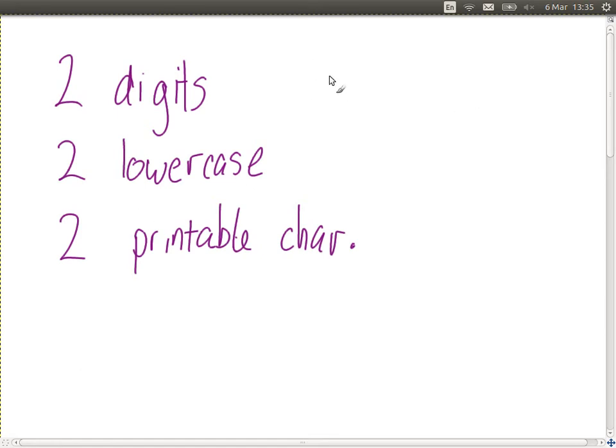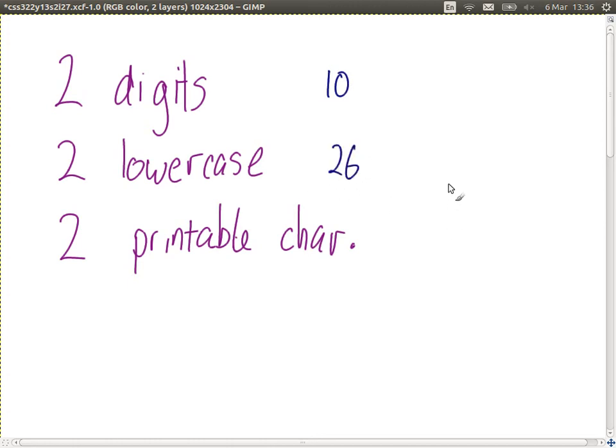Digits, we have 10 possible values. Lowercase, we have 26. Printable characters is a total of 94 possible values. We're assuming that here. That is lowercase, uppercase, numbers, plus the 32 punctuation characters. Entropy?